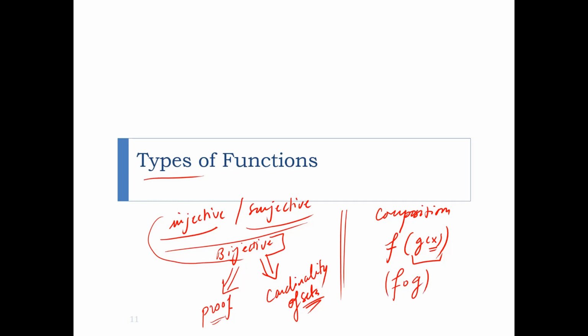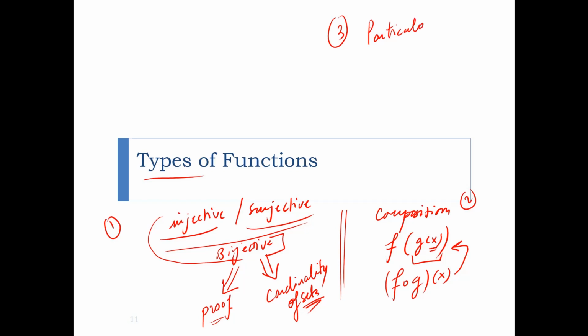So f round g of x is nothing but the function f being applied on g of x for every x in the original domain. So we'll learn about this, and at the end, so this is part 1, part 2, and at the end we'll talk about certain particular functions.